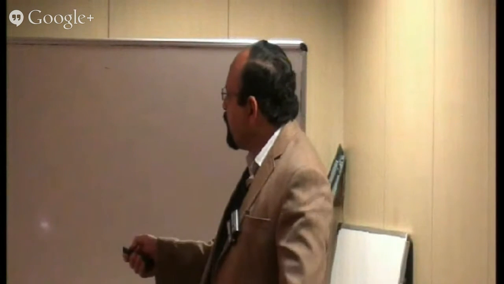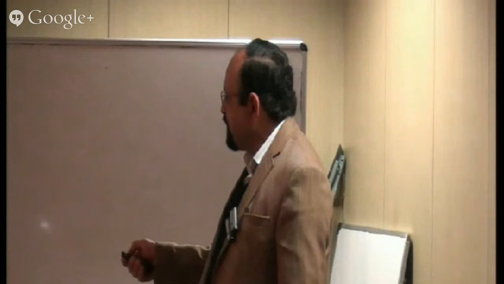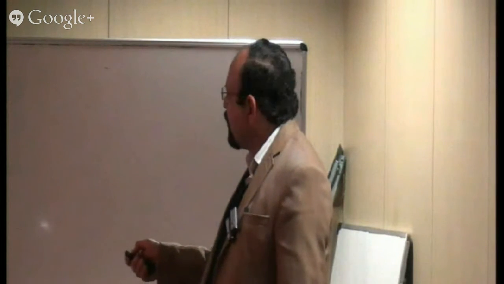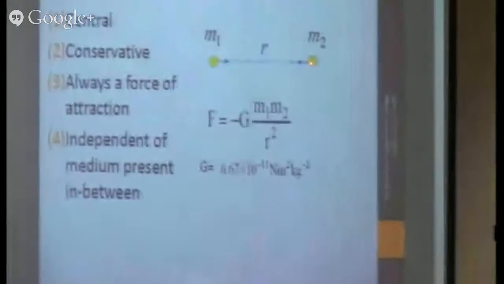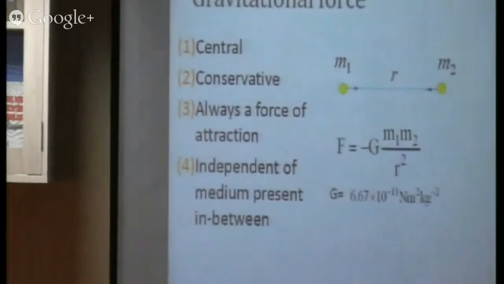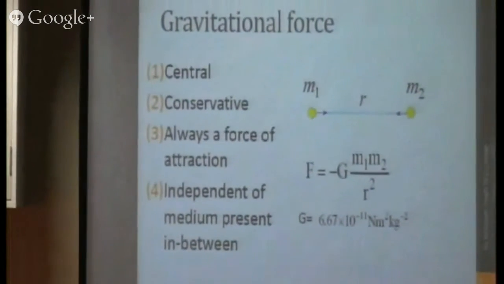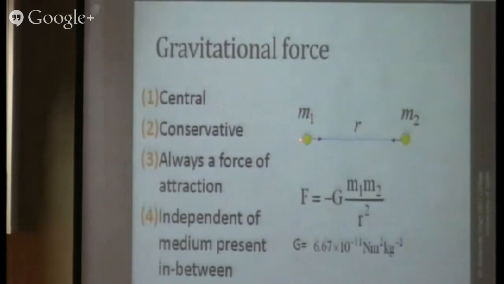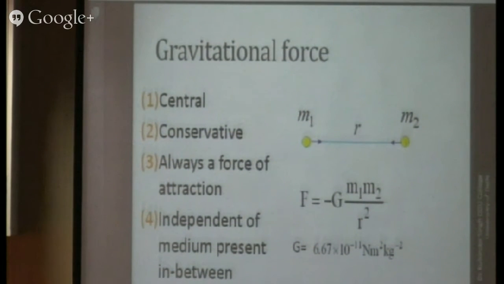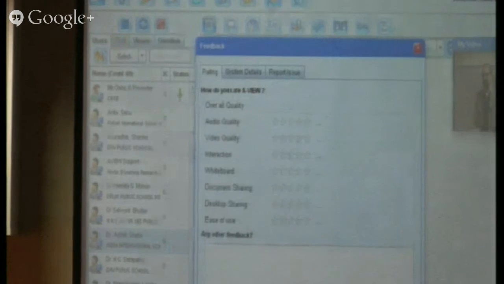If I say that M1 is experiencing a force in this direction, and I choose an axis passing perpendicularly through M2, since this force of gravitation is acting along this line, there is no torque. And since there is no torque in this system, the total angular momentum of the system remains conserved, provided that you choose an axis passing through M2 or M1, whatever you take.